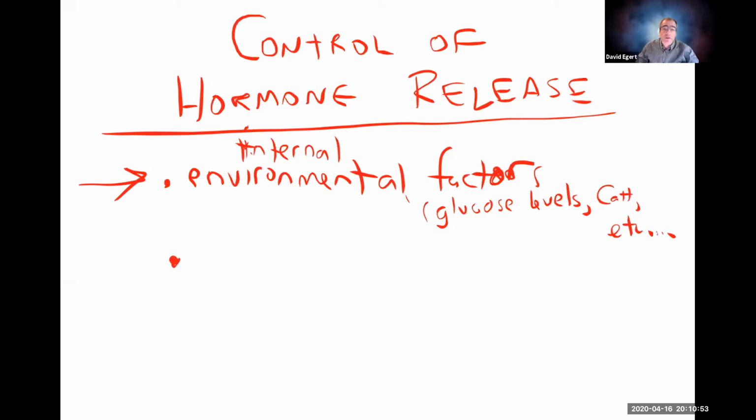What's another way you can control the release of hormones? We looked at the sympathetic nervous system. What triggers the release of adrenaline or epinephrine? Epinephrine. So what triggers the release of epinephrine? Fight or flight response.